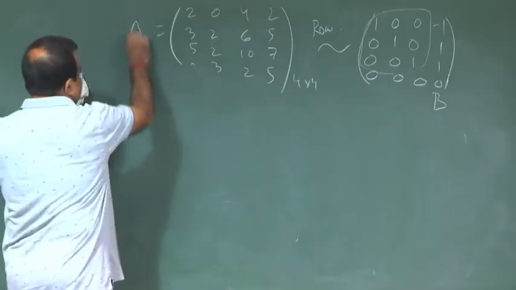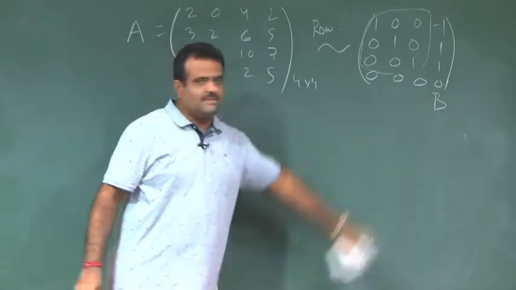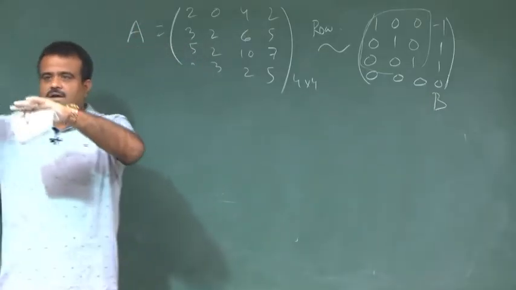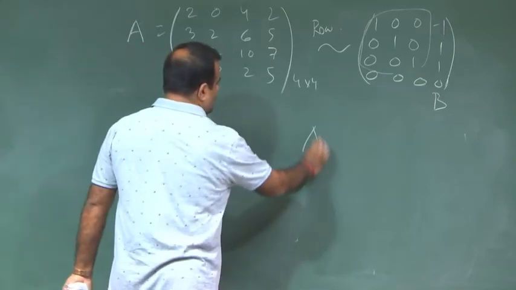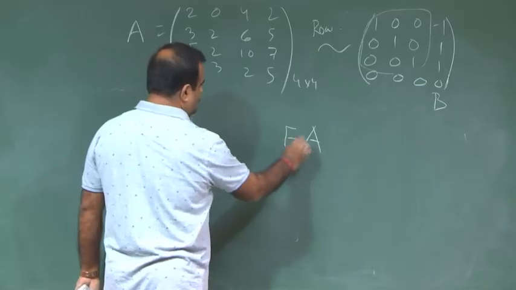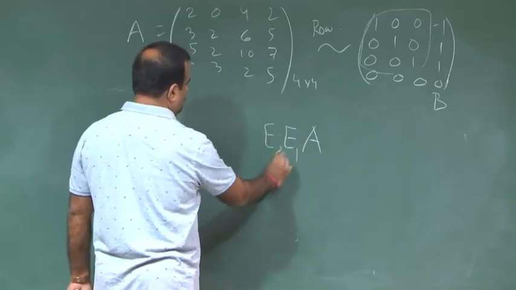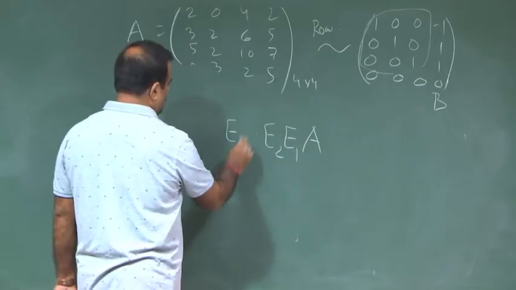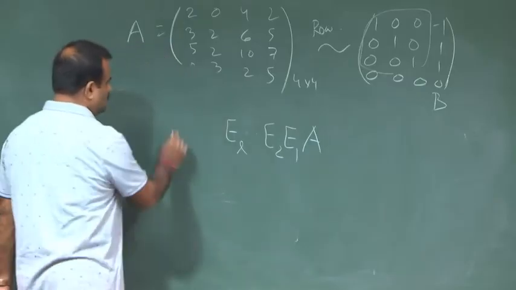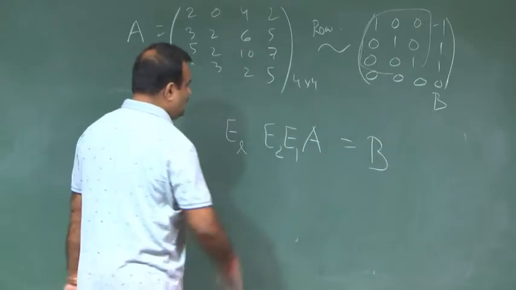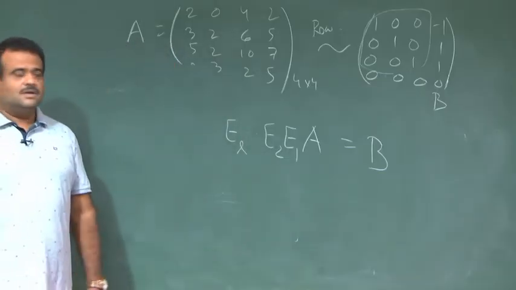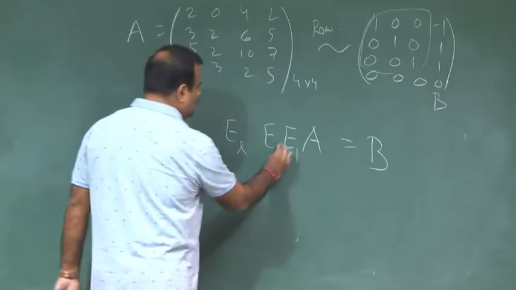So, if we have a matrix A and we get another matrix B by doing elementary row operations, then we have A, with some elementary matrices E1, E2, up to EL, say L times, we do not know how many, becoming B. These are all elementary matrices, and they are all non-singular.